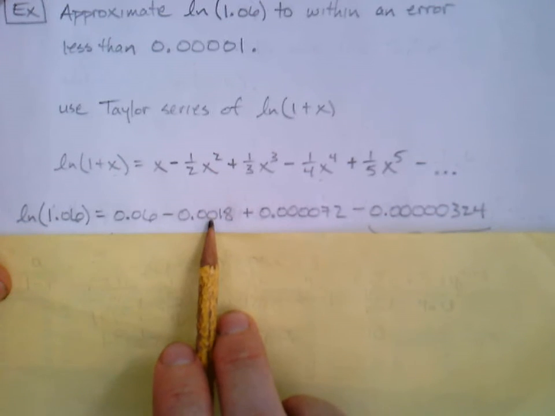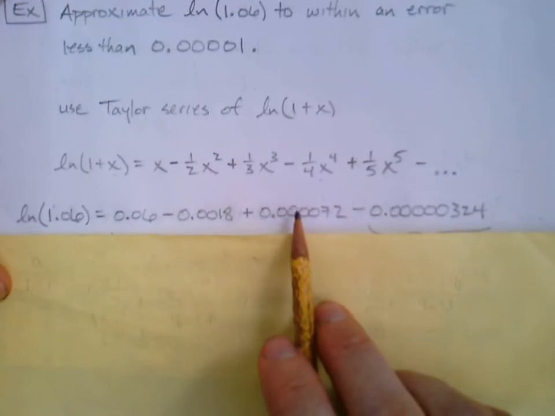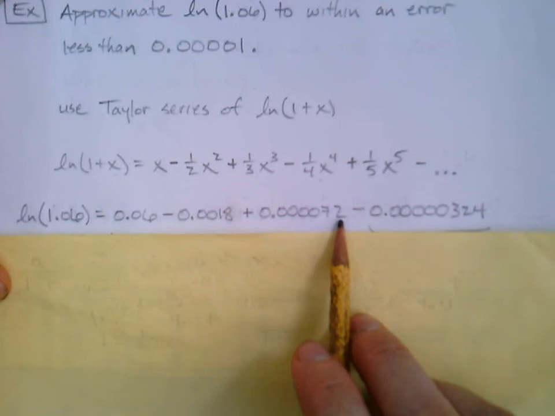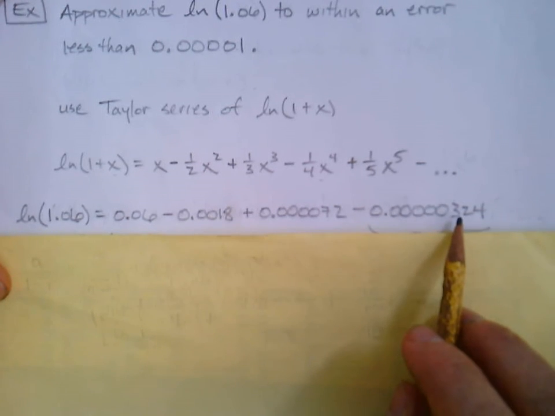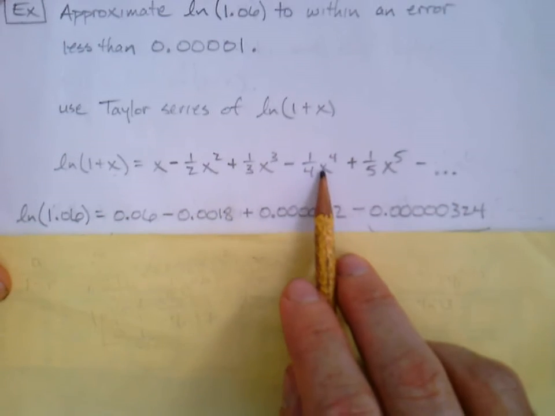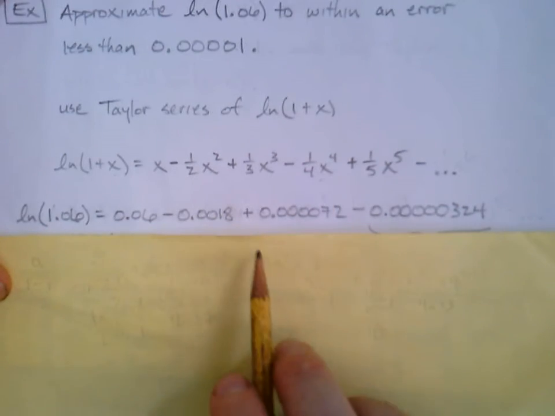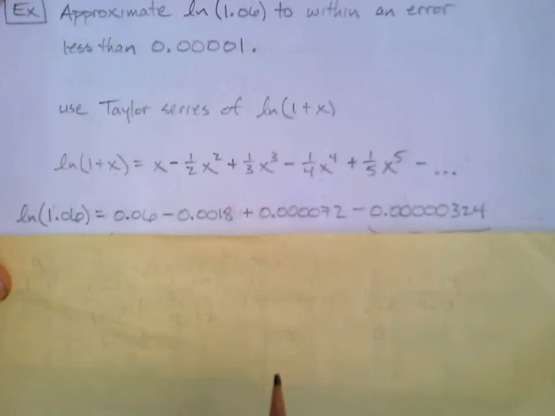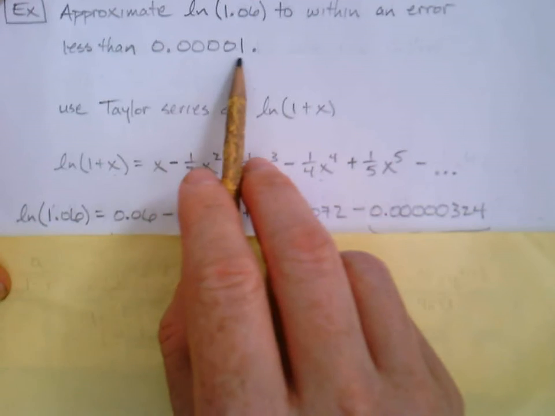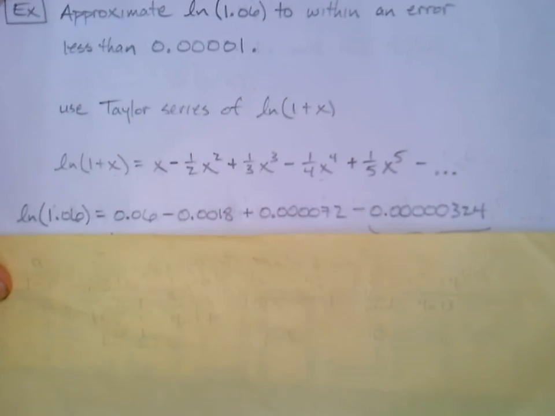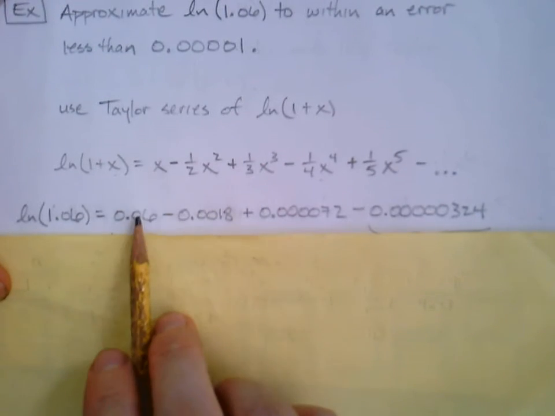0.06, 0.0018, 0.000072, 0.0000324 when you do the fourth term. Every time they're getting smaller. So that means as soon as our number drops below this number, we can stop. So x was that.